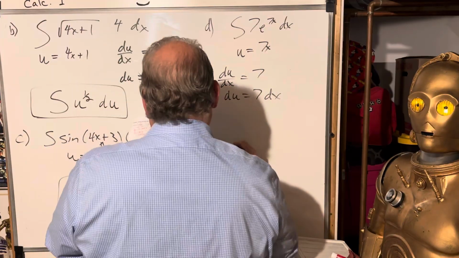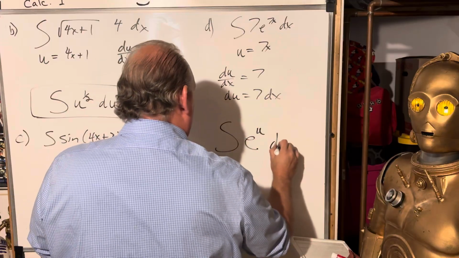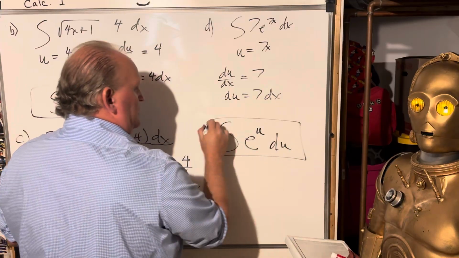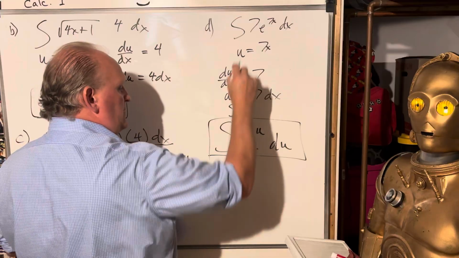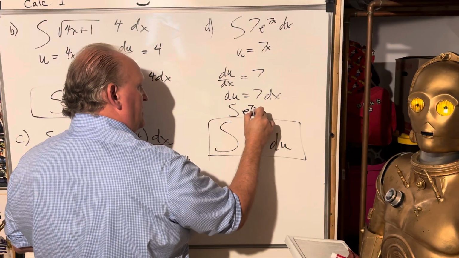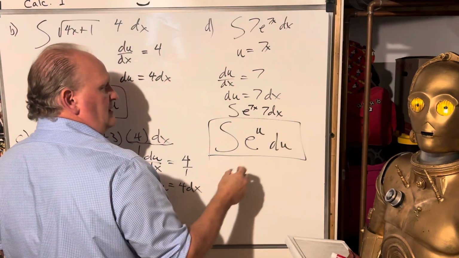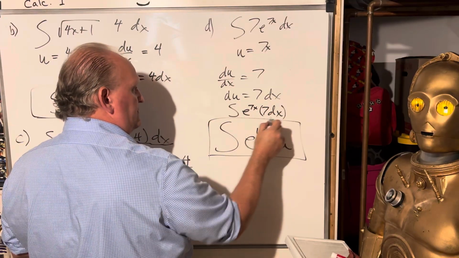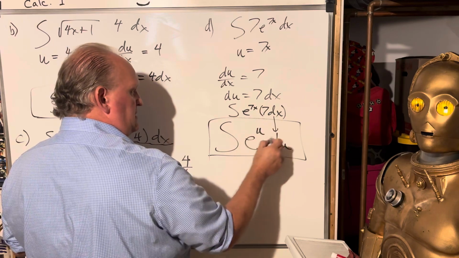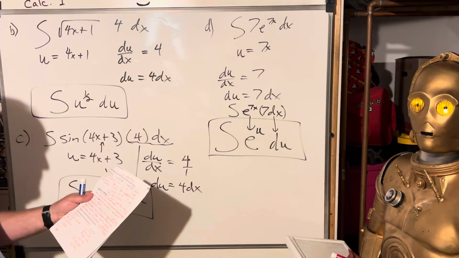And so what do I end up with? I have e to the u du. And if you want to see it rearranged, you would say e to the 7x 7 dx, like that. And now there's our du, there's our u. All right.